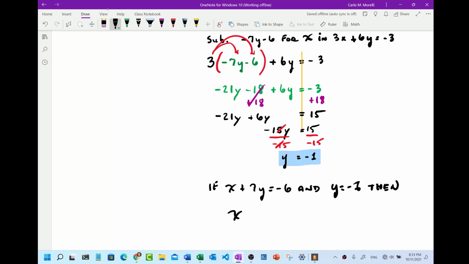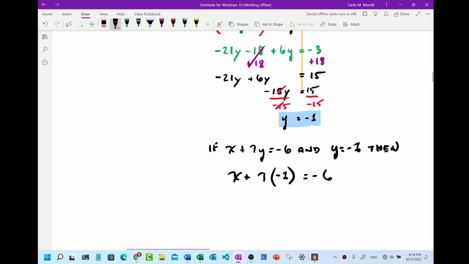Then x plus 7 times negative 1 equals negative 6. We're making a claim to truth here. So we have x minus 7 equals negative 6, plus 7, plus 7, and we have x equals 1. Okay, so we have x equals 1, y equals negative 1.